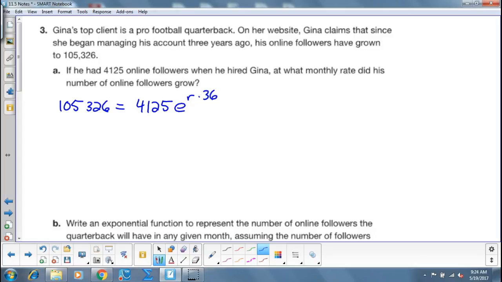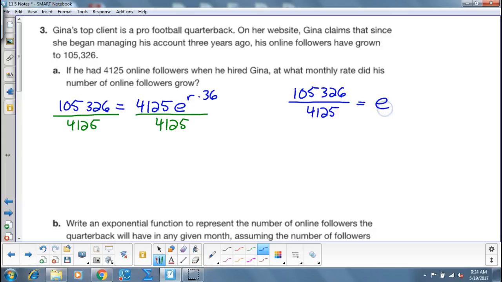Okay, we need to solve this one for R. So I'm going to divide both sides by 4,125. Then that gives me 105,326 divided by 4,125 equals e to the 36r power.